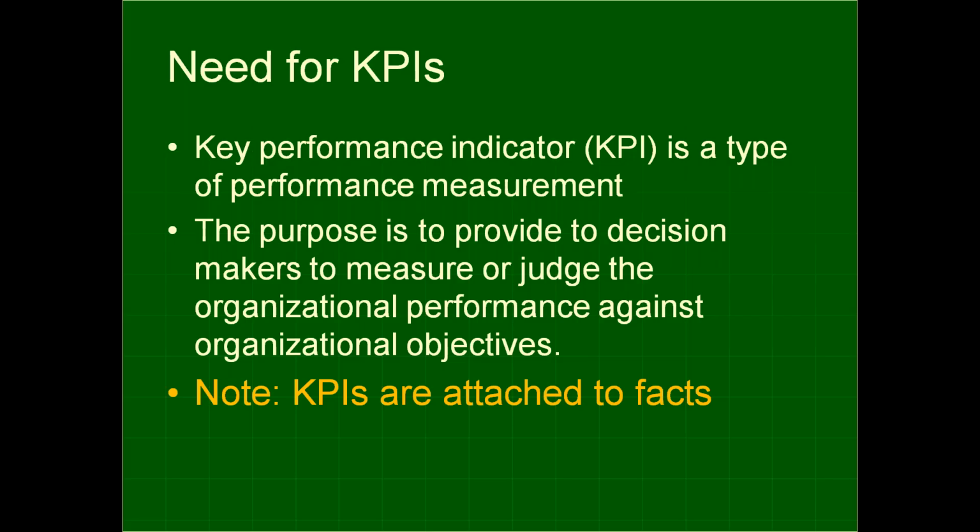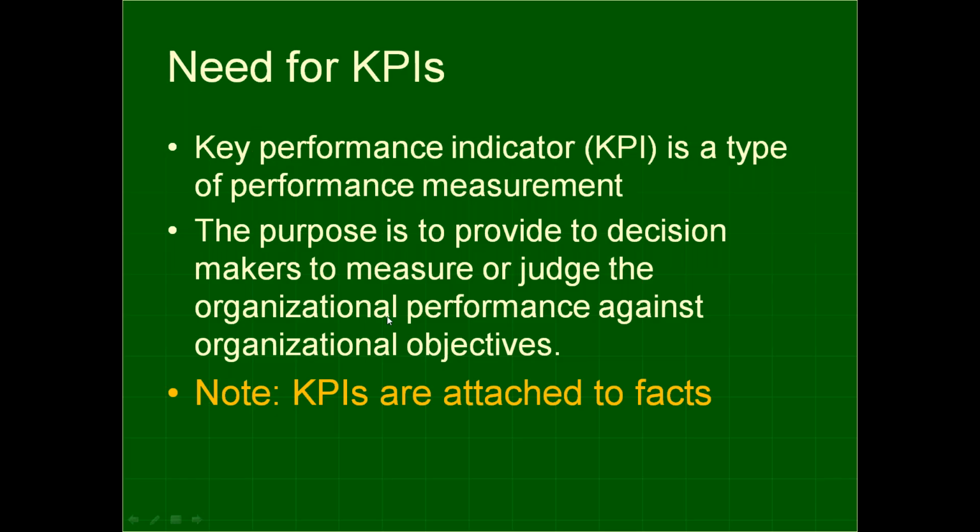If you're a decision maker, you want some kind of symbols to understand whether the sales is going up or down, whether the sales is increasing or not. You don't want to see the numbers. You want to see some kind of symbols. KPIs are going to show you a lot of symbols.